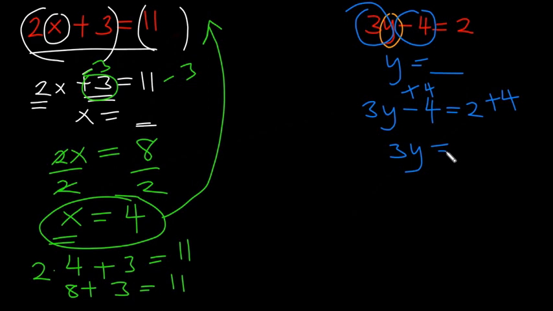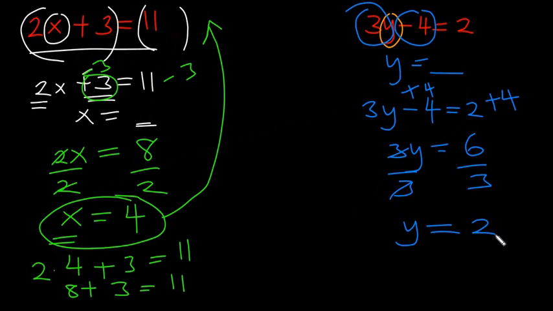On the right hand side we're going to have 2 plus 4, which is equal to 6. To eliminate 3 from the left side so that we only have y, we're going to divide through by 3. 3 by 3 is 1, and 1 times y remains y, and 6 divided by 3 is 2. So the value of y is equal to 2.